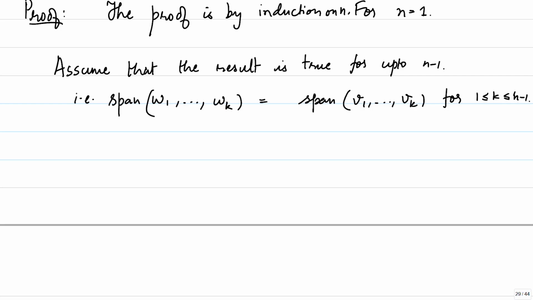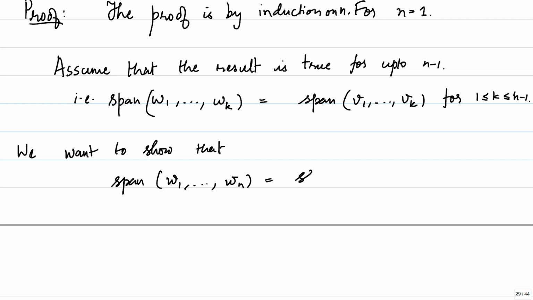So if we prove that for k equal to n also this is true, we are done. So we want to show that the span of W1 to Wn is equal to the span of V1 to Vn.